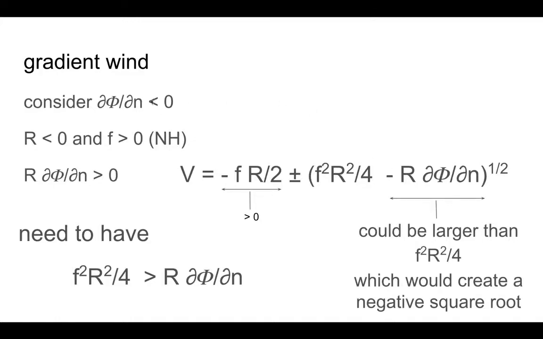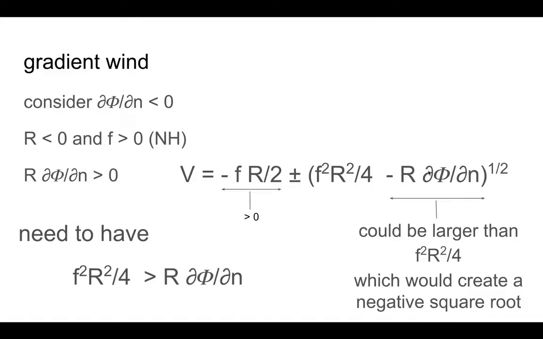Now let's consider d phi dn also negative, but R is negative. So this is the anticyclonic or clockwise turning situation. So R d phi dn, multiplying these two negatives gives us a positive. So we need to look at this term inside the square root, and we're subtracting a positive from f squared R squared over 4.